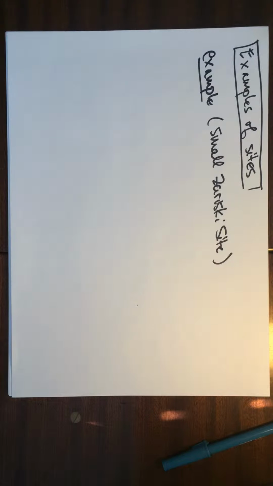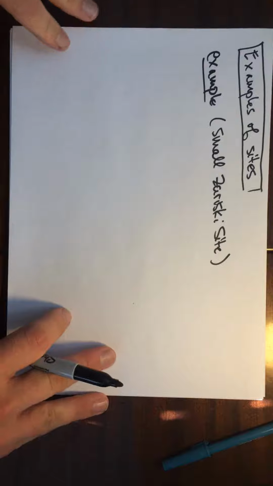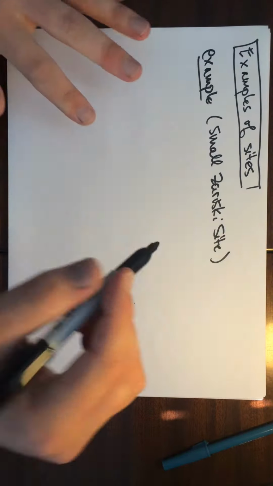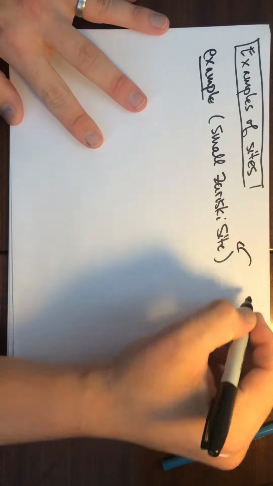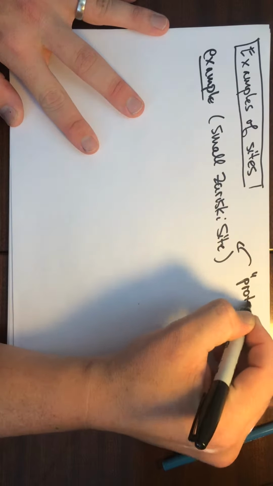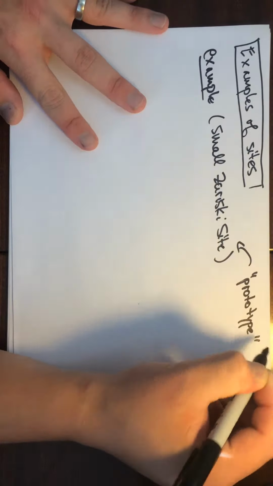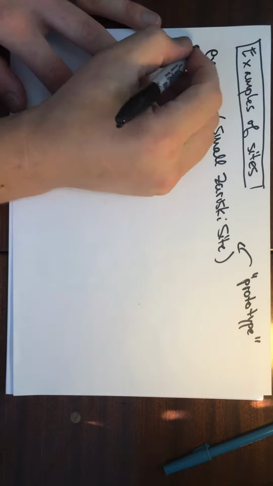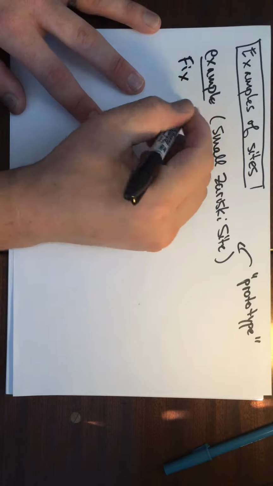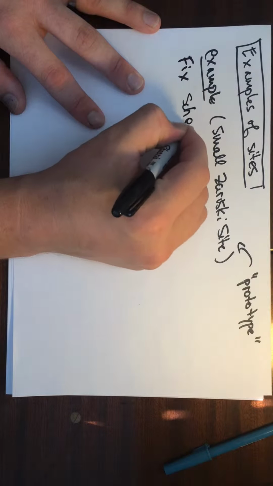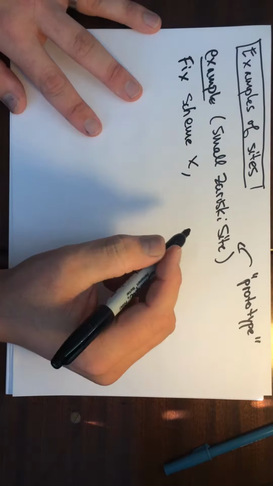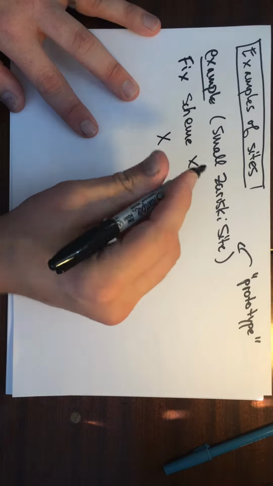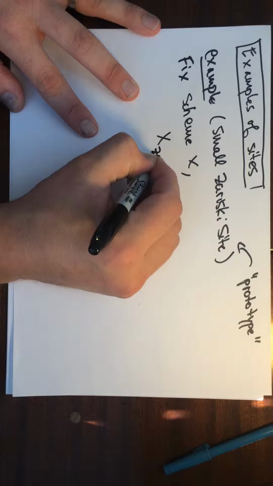Okay. So we have this small Zariski site here, so this was the prototype that we devised for a site, and what we do is we fix a scheme X and we consider this site, this Grothendieck topology, which we'll call X_Zar.